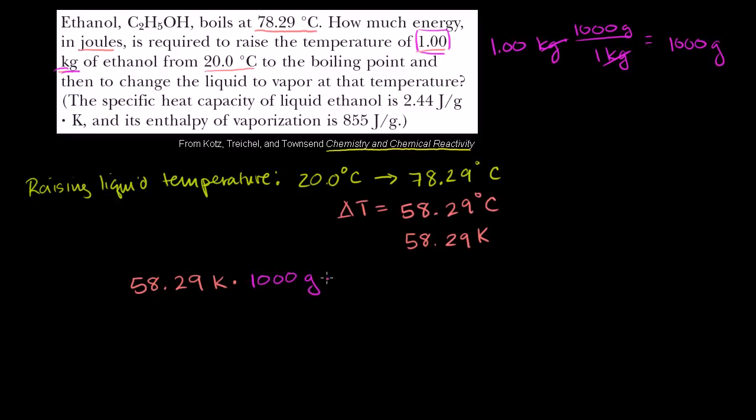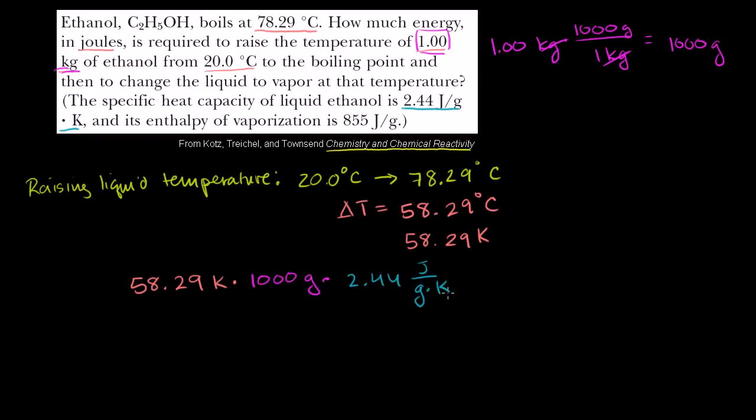And then we just multiply this times the specific heat capacity of ethanol right here, 2.44 joules per gram Kelvin. You see that the units work out.